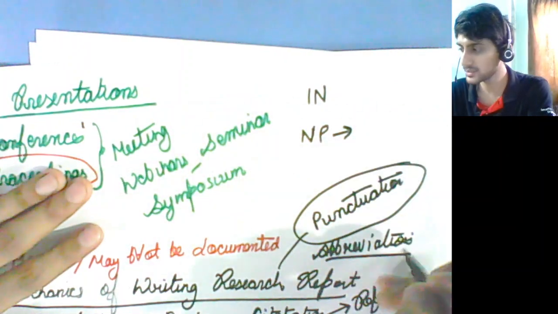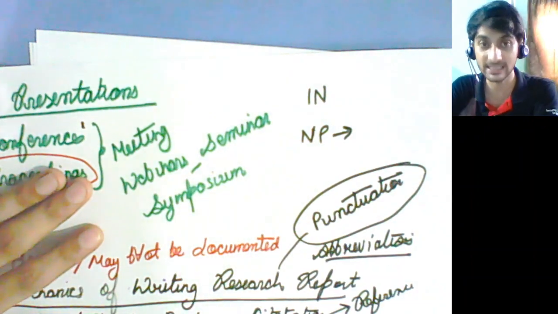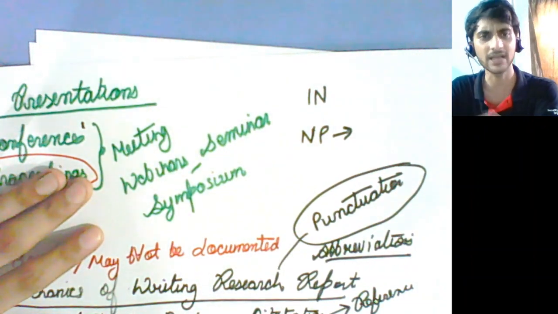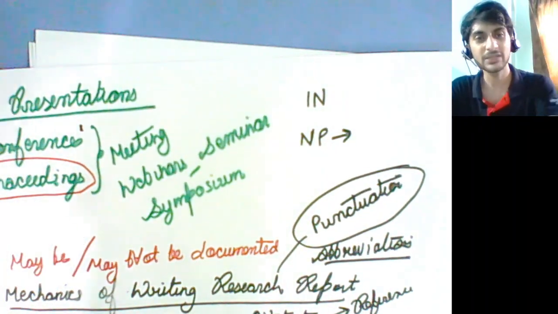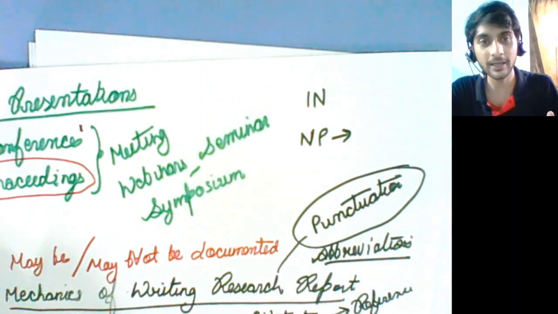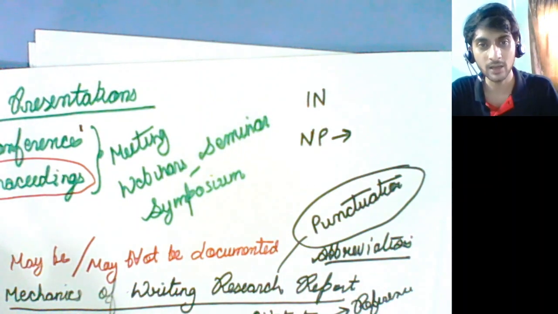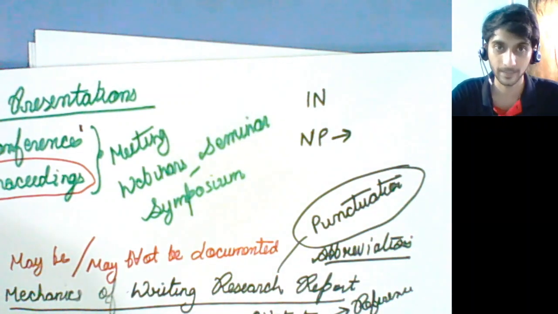So when you are using abbreviations, be very careful. Some journals may not accept your abbreviations, and don't try to design a set of your own abbreviations. In case you think the word is really long and you need to shorten it, then explicitly report that in the whole paper you are going to use this particular abbreviation for that particular word. Got it?